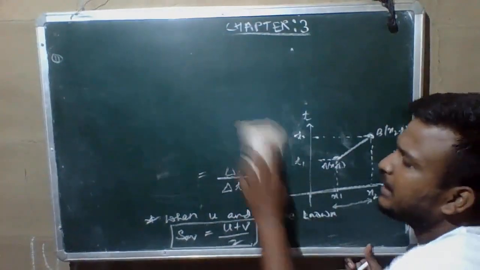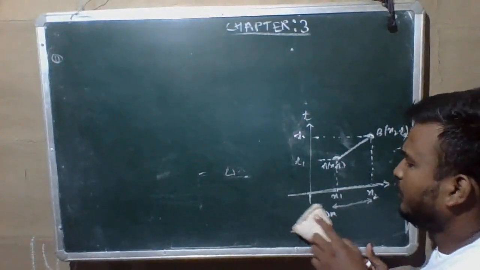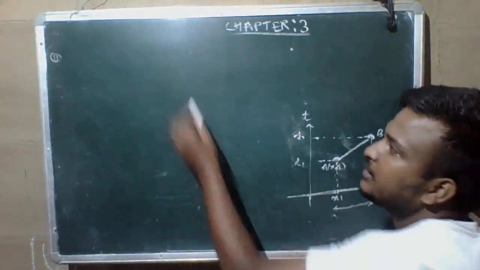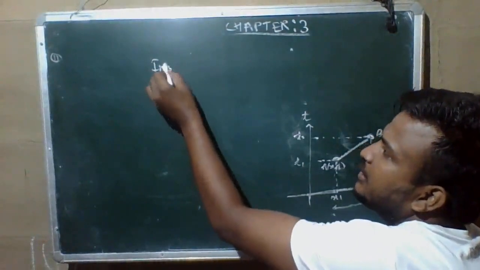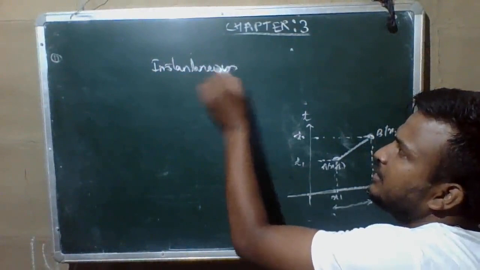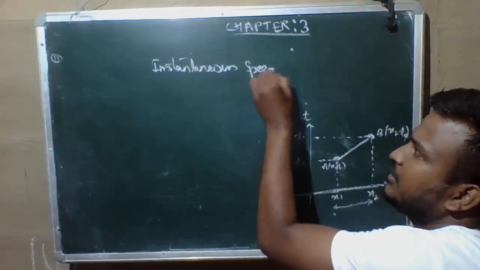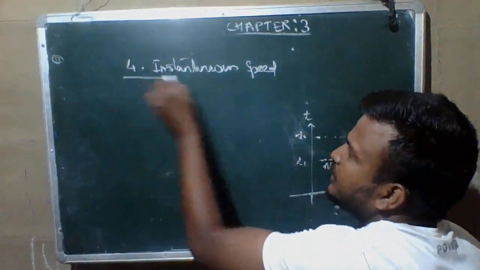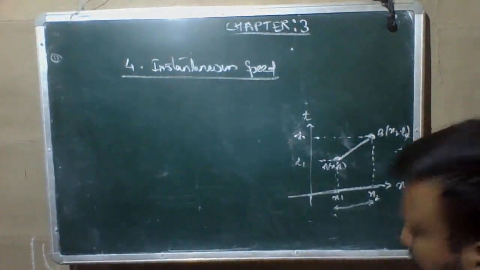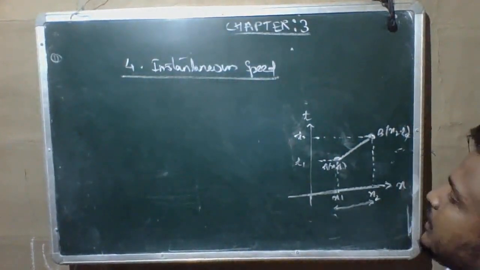Okay. Now let us go to another type of speed, the last type of speed, that is called instantaneous speed. Very important. Now what is instantaneous speed? Let us see a little bit.